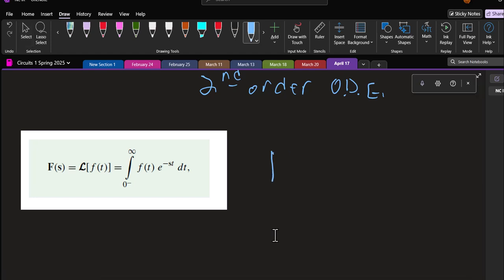You come up with a new function, and the new function uses the variable s. You're going to see this again when you take controls. Anytime you see the s variable, you know you're working in the s domain, which means that you've transformed everything using Laplace transforms.